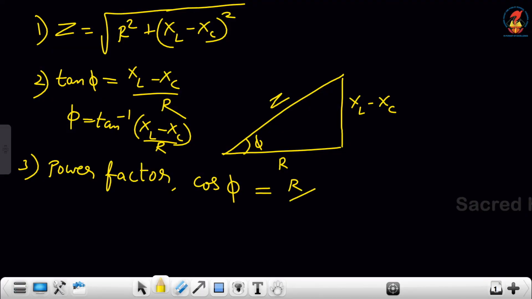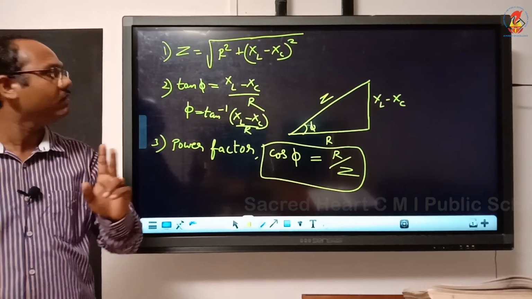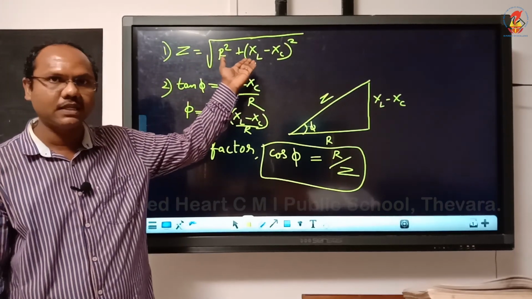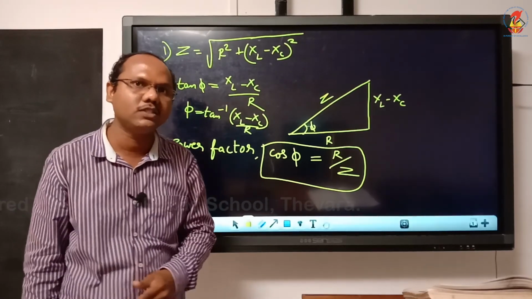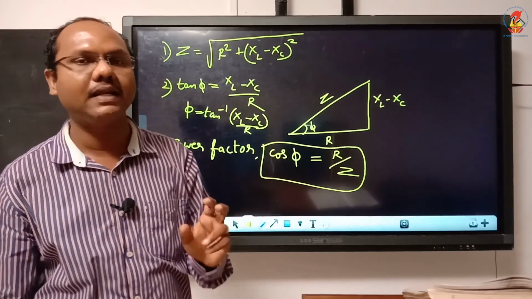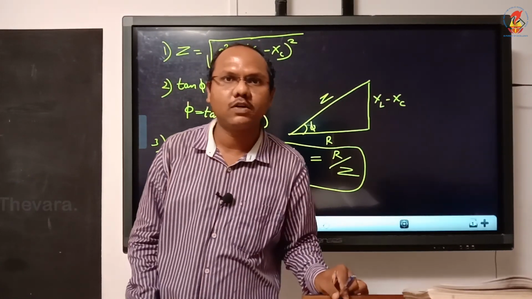Cos phi is equal to adjacent by hypotenuse. So this is the power factor. So the impedance triangle has three uses. First, to find the impedance of the circuit. Second, to find the phase angle between the current and voltage. And third, to find the power factor. That's all in this section.